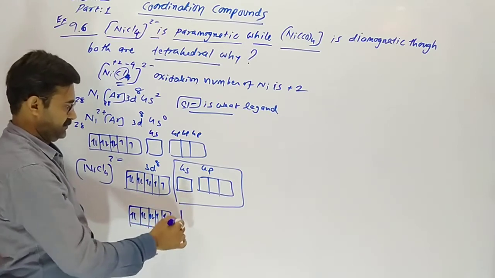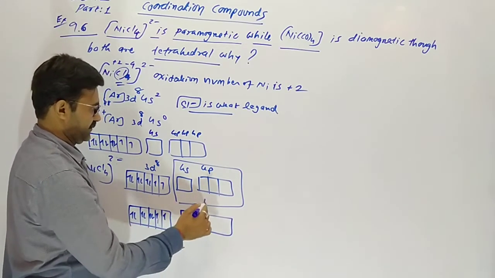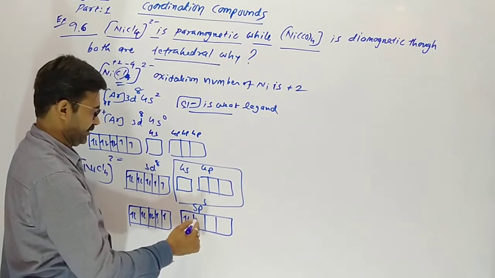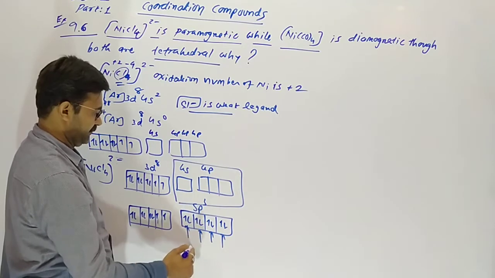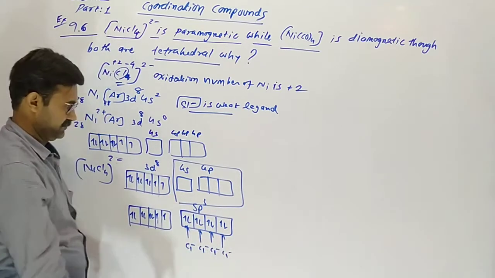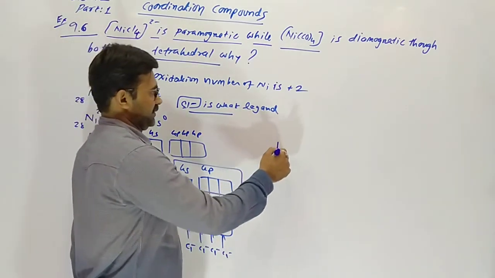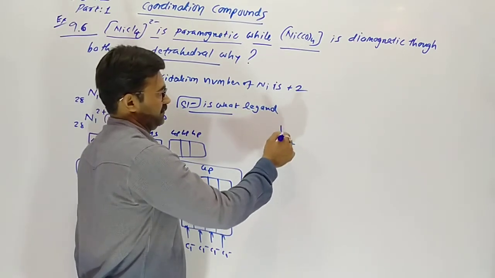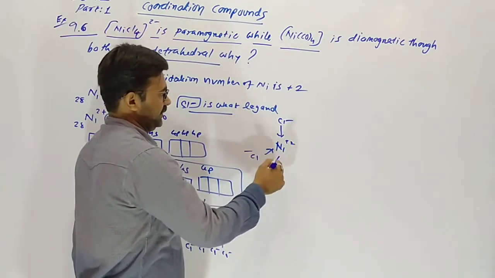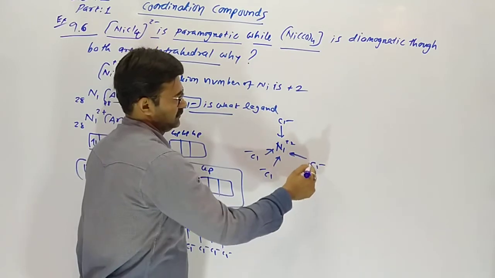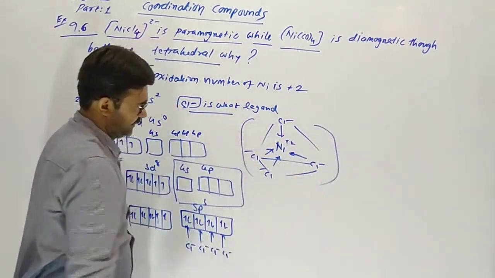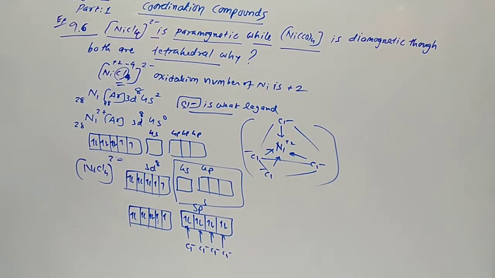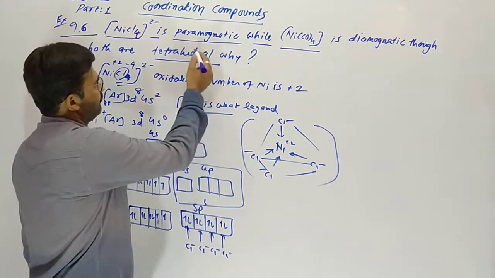And the 4 sp3 hybridized orbitals gain electron pairs from the weak ligand chloride. So the geometrical shape here will be, you can see, tetrahedral and paramagnetic.